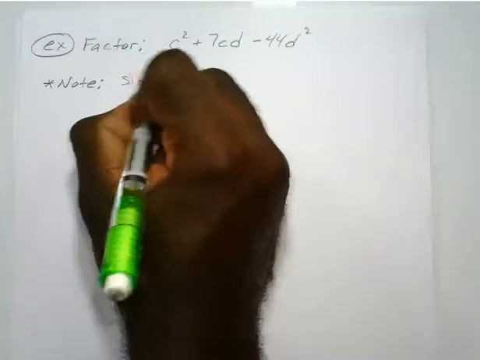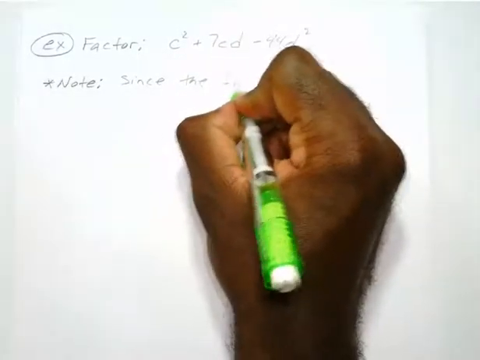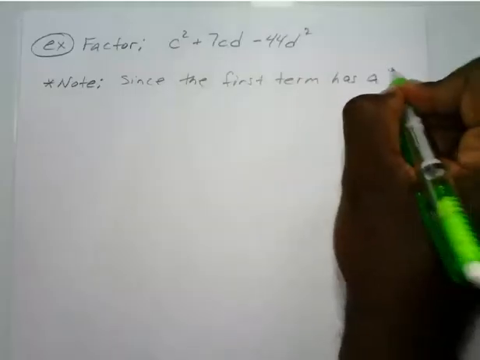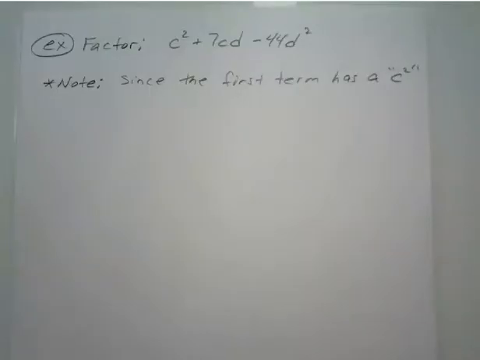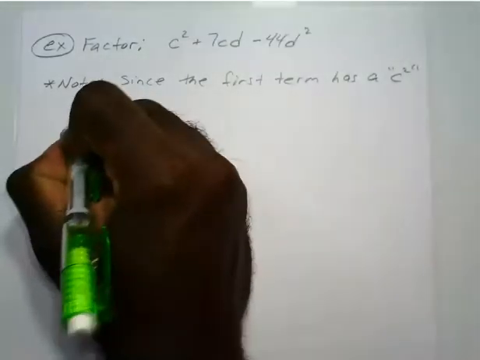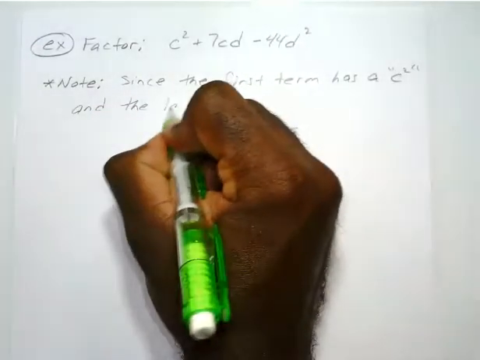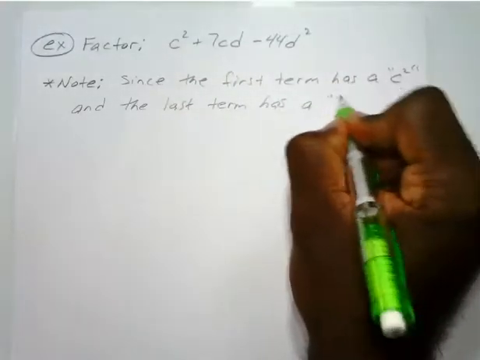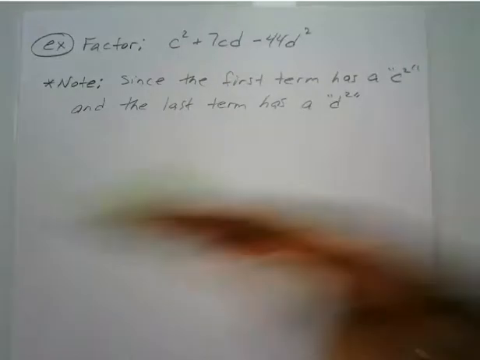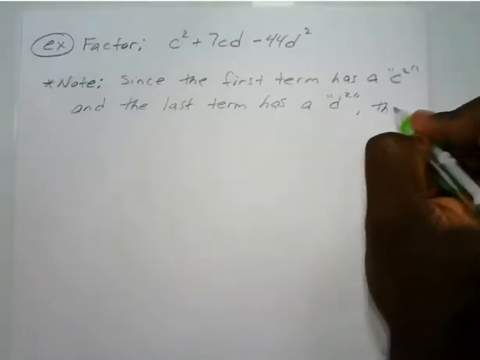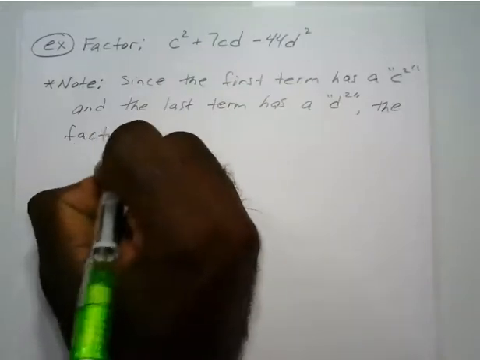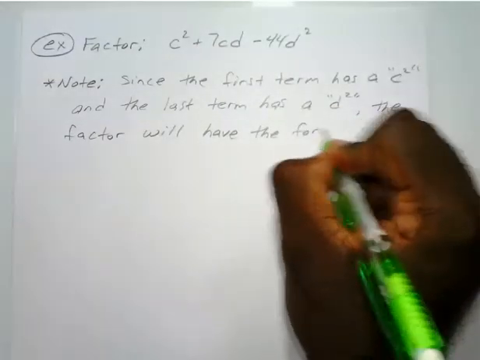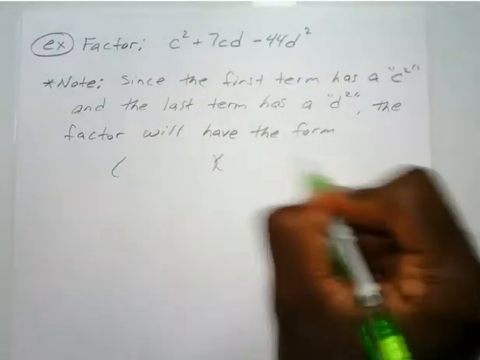Since the first term has a c squared, and the last term has a d squared, the factor will have the form, so it will look just like this.